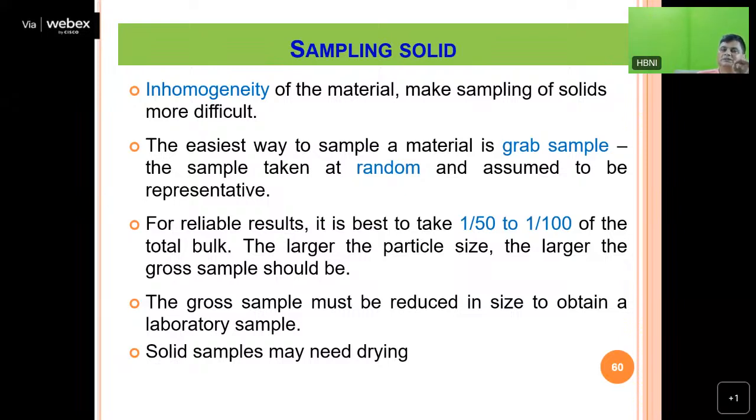Again, some of these parts are irrelevant when we talk about synthetic chemistry, but if it is a sample of natural origin, then the reporting has to be done on the basis of the particle size as well as the moisture content in the samples.